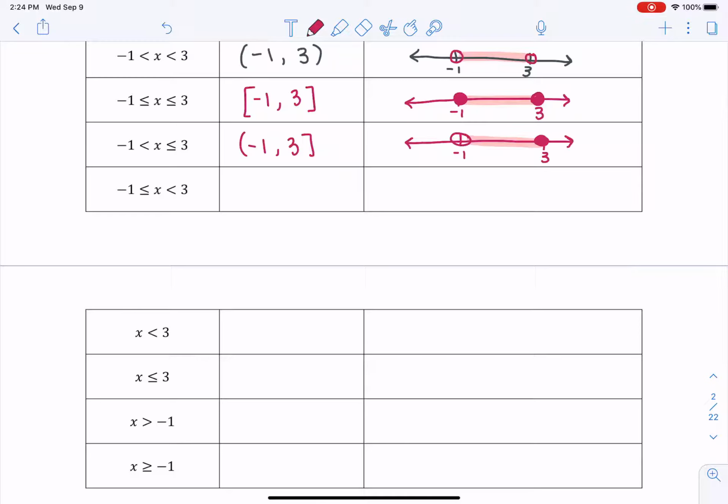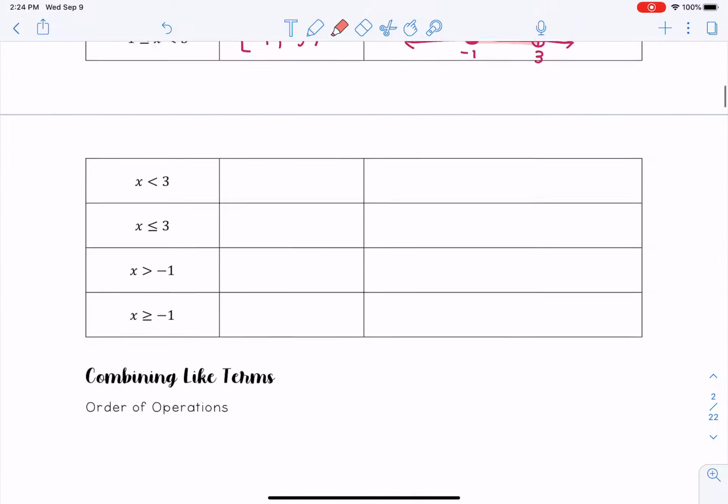For -1 is less than or equal to x is less than 3, I'm not including 3, I'm including -1. So this is the opposite of the one we just did. And with these problems, it really helps to have a highlighter or something, or you could always shade.